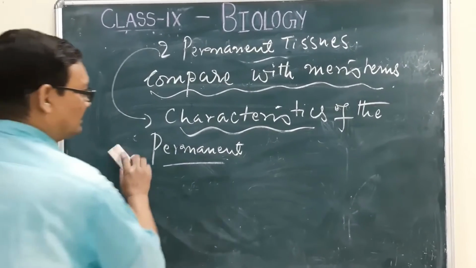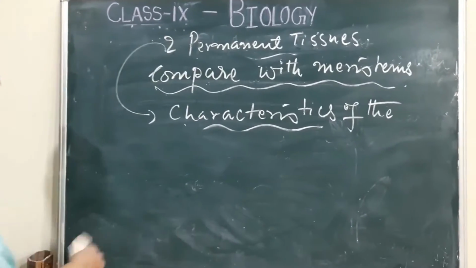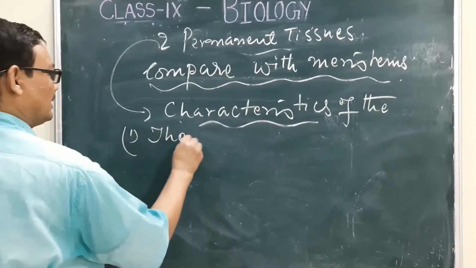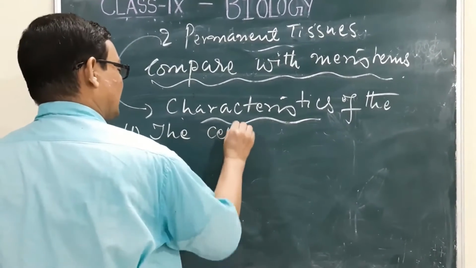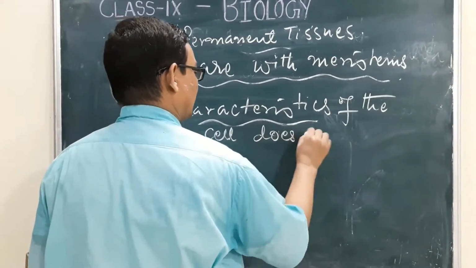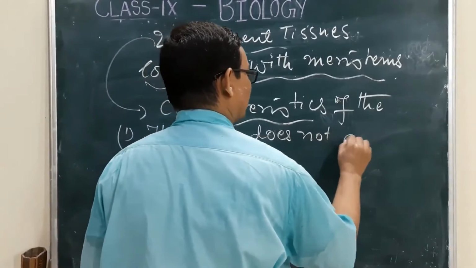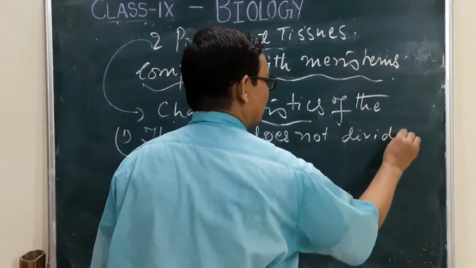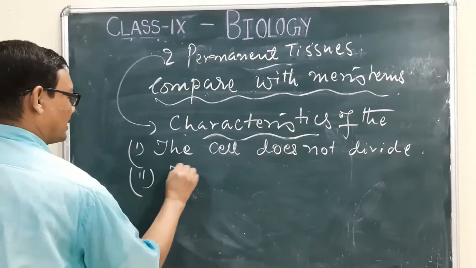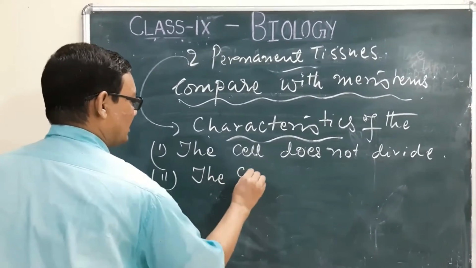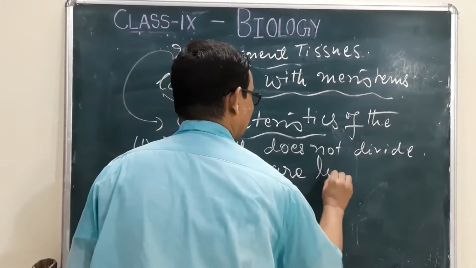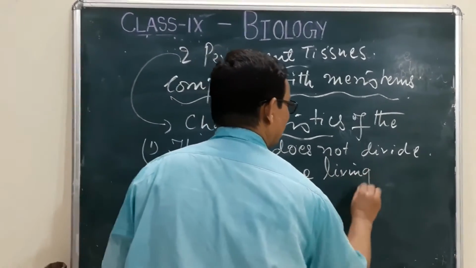How? May I write here? Number one, the cell does not divide. Number two, the cells are living or dead.